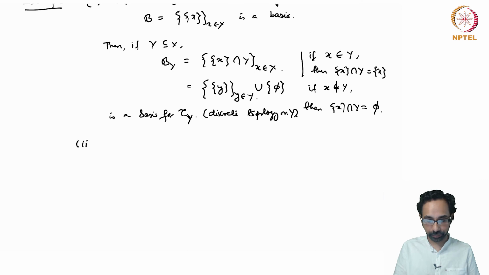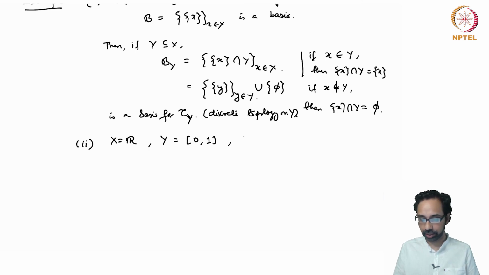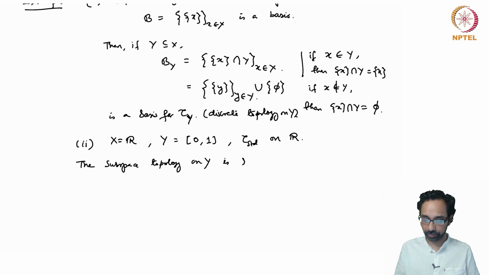Now another example is if you take X equal to the real line, and let's say Y is the interval 0, 1 closed, in X, and we take the standard topology on the real line R, right? So the subspace topology on Y is given by the collection.